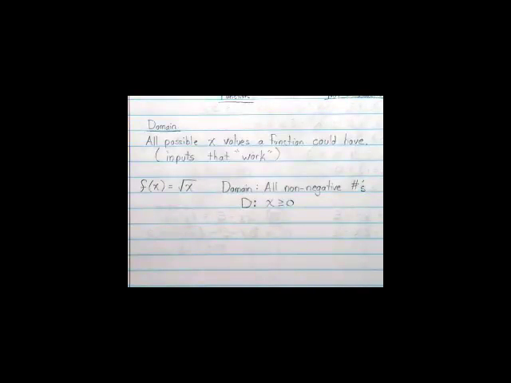Now, I'm going to teach you guys a different way to write that inequality for domain that is a little bit more the standard as you move into upper level math, and that's called interval notation. I want to kind of pause this domain discussion for a second and talk about interval notation so we can start using it.